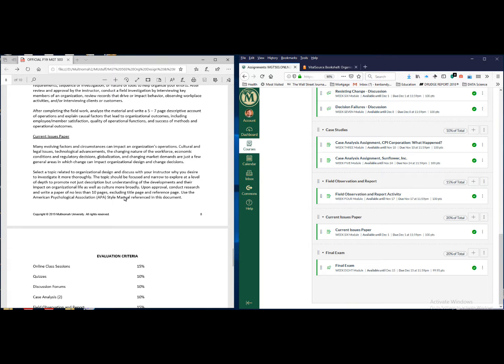So I want you to select a topic. This is the closest thing you get to a research paper in this class related to org design, and discuss with me. Let's talk about it so that I know that it's a topic that is probably achievable. I had the habit of picking topics that were too large, and some people do that.